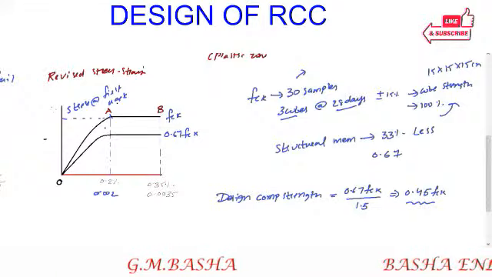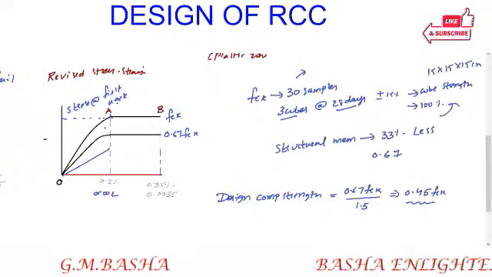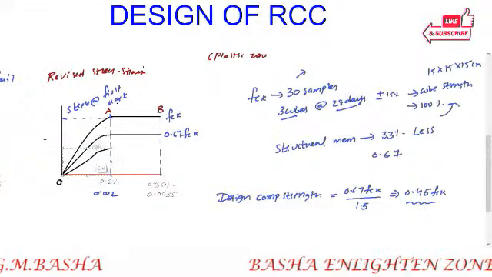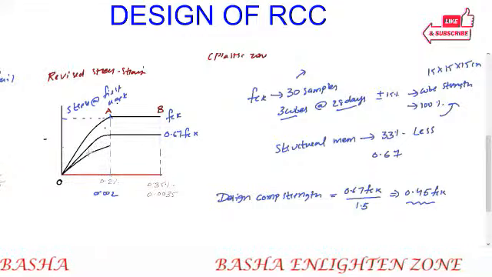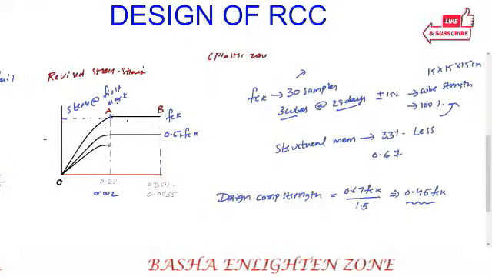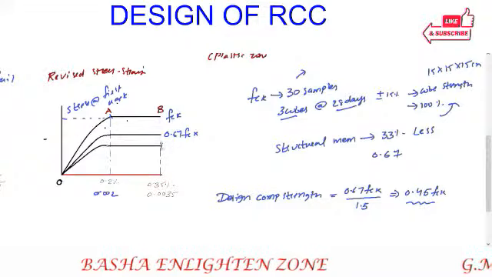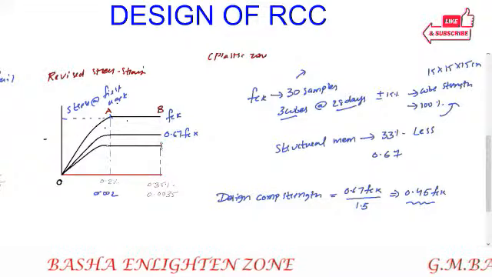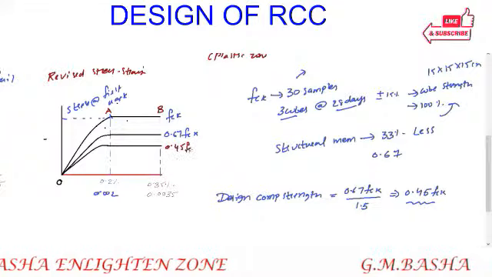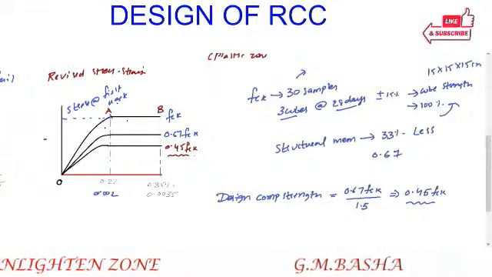In the same way I am showing here, this is 0.45 FCK, which is your design compressive strength of the concrete. Based on that only you have to go for the stress block parameters.